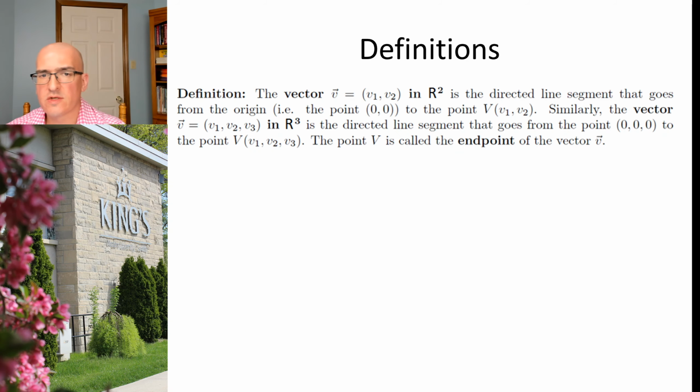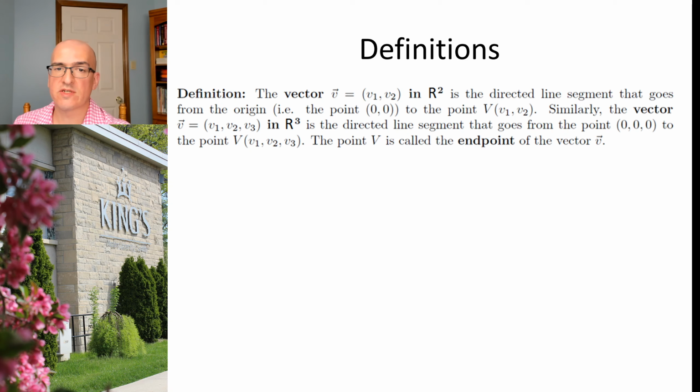Throughout the course, you will see block definitions like this in the textbook and then in the notes. I'm not going to read them. You can read them out to yourself if you want. Usually the definitions are paraphrased in other ways, or they're drawn out, or they're picked apart piece by piece. So this definition shown here is the definition of a vector, and I've already talked about what a vector is. It starts at the point 0, 0, and ends at some other coordinate.